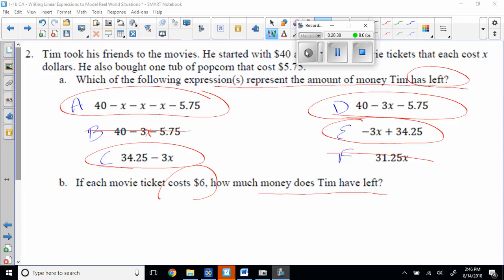You need to pick one of these that you said represents the expression. And you need to do what with that 6? Plug it in for x. Go. Come on.